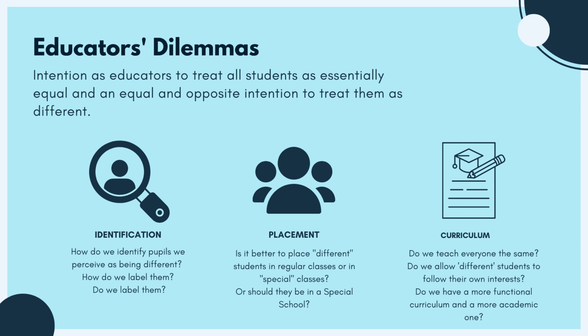These internal dilemmas between intentions to treat students equally but simultaneously treat them as the unique beings they are set up in pedagogical practice in 3 phases. In the phase in which we identify the students and whether or not we realize they are different and tend to label them. In the placement phase, namely the phase in which we define classes and in which we designate these classes as regular classes or special classes.